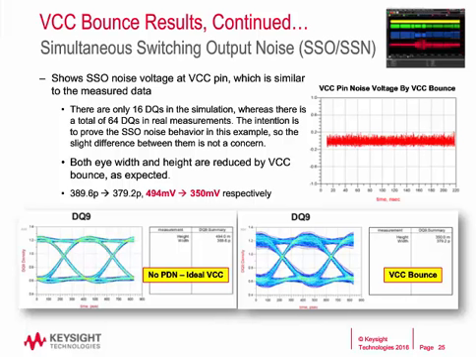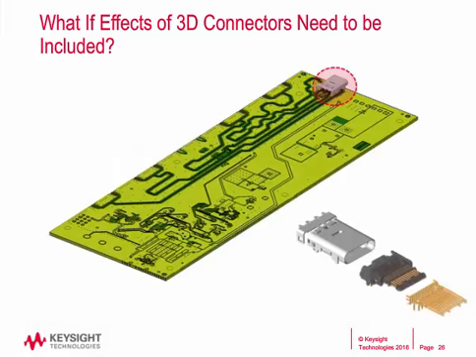Okay, what if the effects of 3D connectors need to be modeled in your channel? Let's look at an example that shows an efficient methodology in the next pages. PCB tools such as SIPro cannot handle 3D connectors, for example USB 3.1 Type-C connectors shown in this example board.